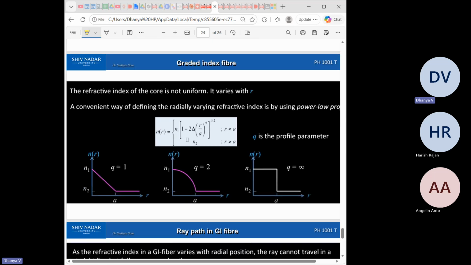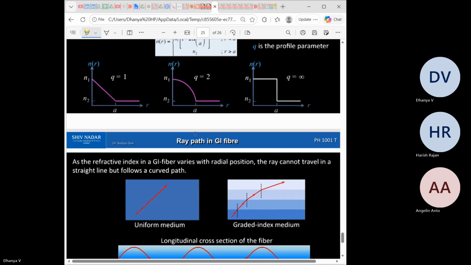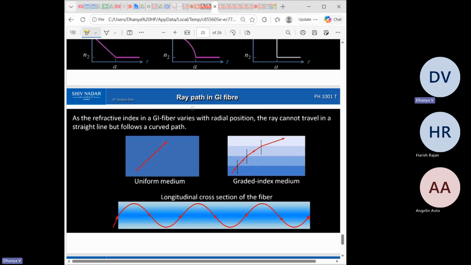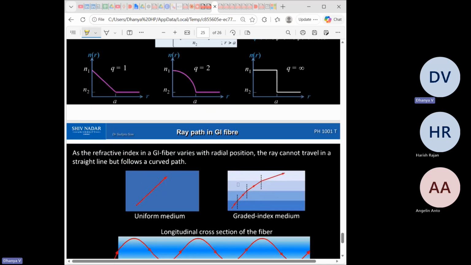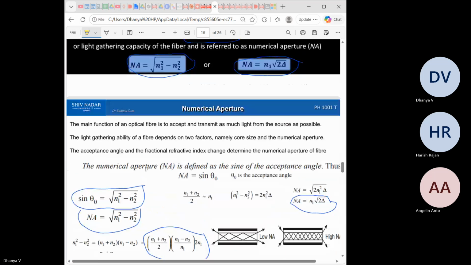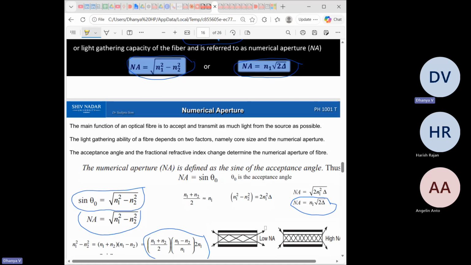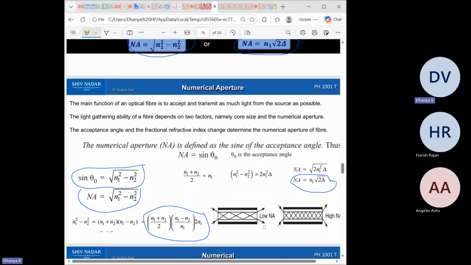I don't think this formula is required as much. But otherwise, let's just know what the ray path in graded index is. So initially we saw what the step index is. What we saw before was that when there's an incident ray, it gets reflected, reflected, and then there is one final output that we receive.